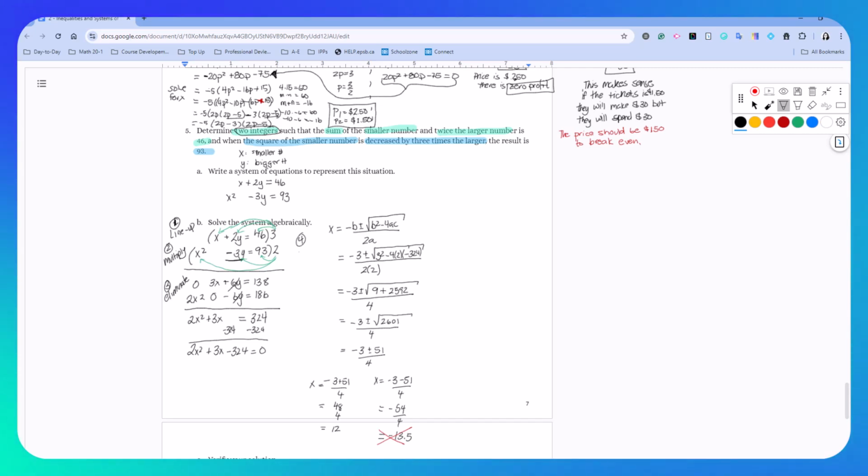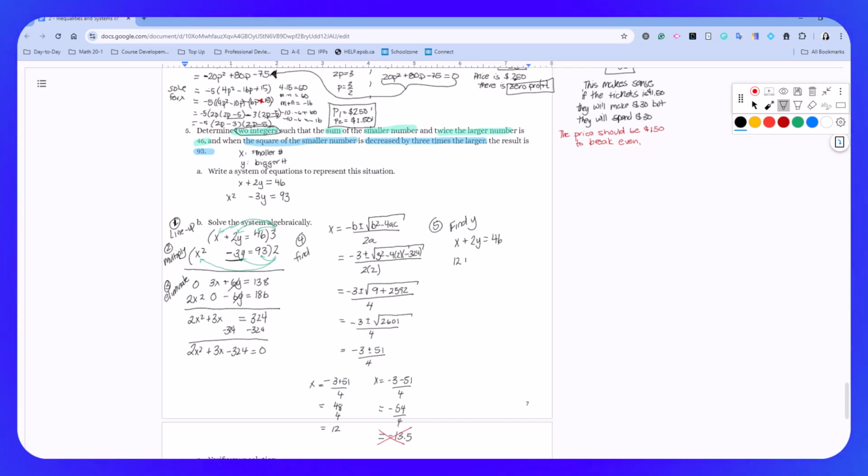So this was our find x, and our last step now is to find y. So we're going to use this 12 to find that y, but we're not going to use the negative 13.5 because even though there is going to be an associated y, it doesn't matter because negative 13.5 is not going to work.